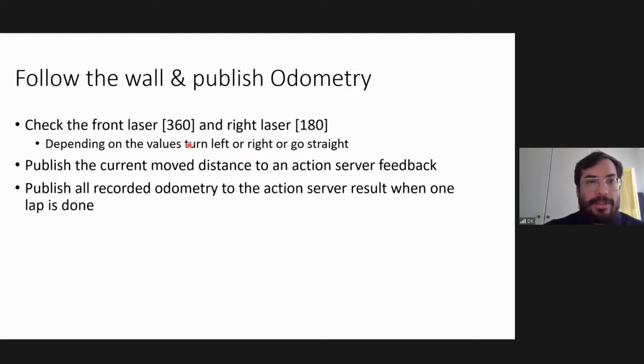If one value is like that, it corrects to one side and then to the other. I think I have 5 cases, and depending on them, I publish the velocity. Then I also publish the current move distance to the action server's feedback, and when the lap is done, the server result.